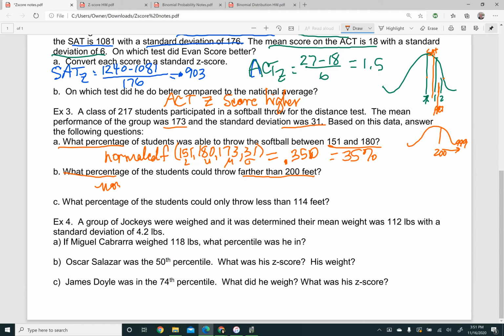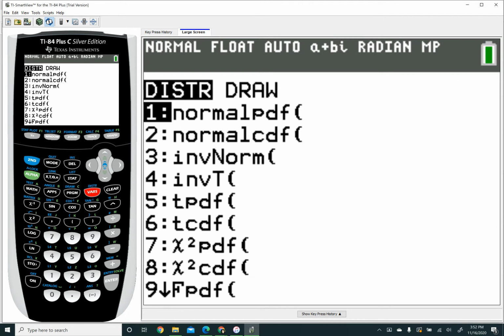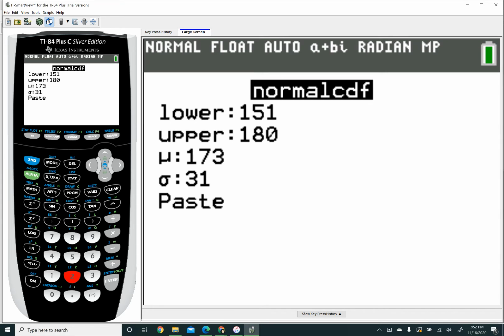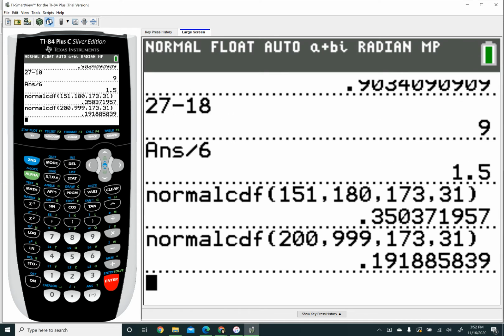So normal CDF, 200 to 999, and then the 173 and 31. I'm always going to write down what I put in my calculator so I know if I did it right or not. If I get it wrong, I know what I put in. We just use 999 because we can't put infinity in, so this way the calculator just takes it as a big value.